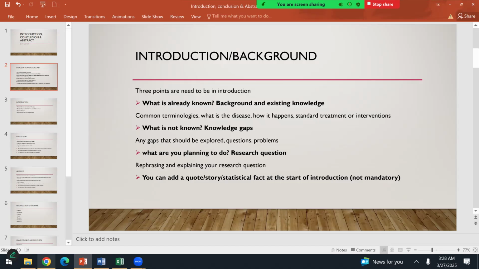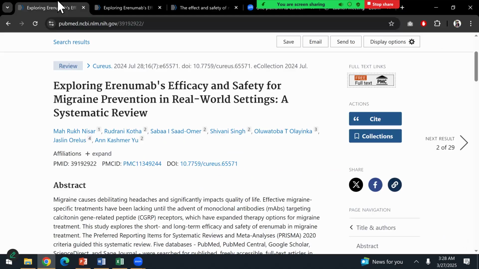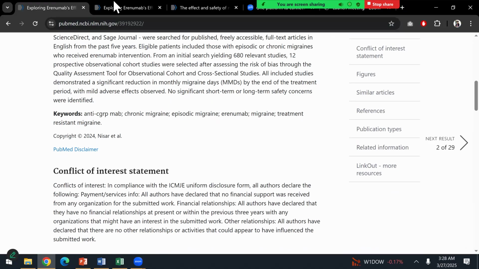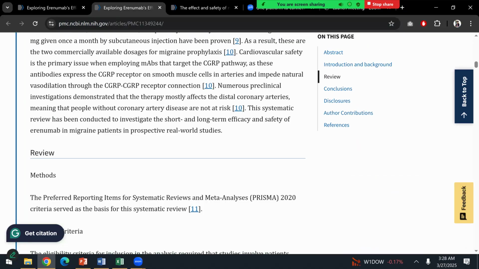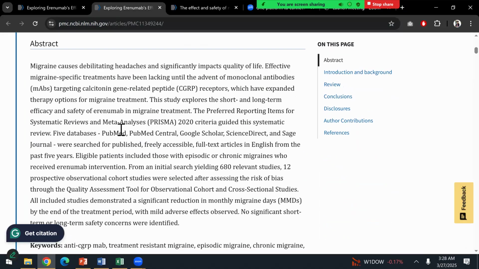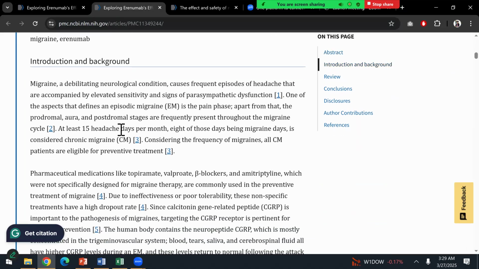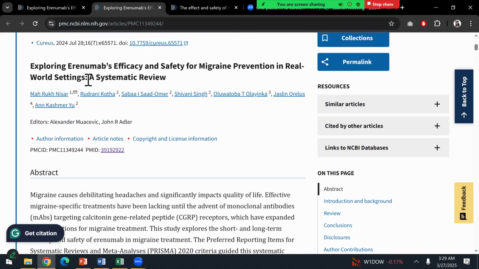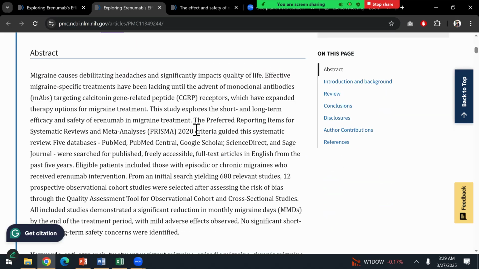So let's look at the introduction. For example, this is the paper, and let's look at the introduction section. So this is about the efficacy and safety of Inoumab for migraine prevention.